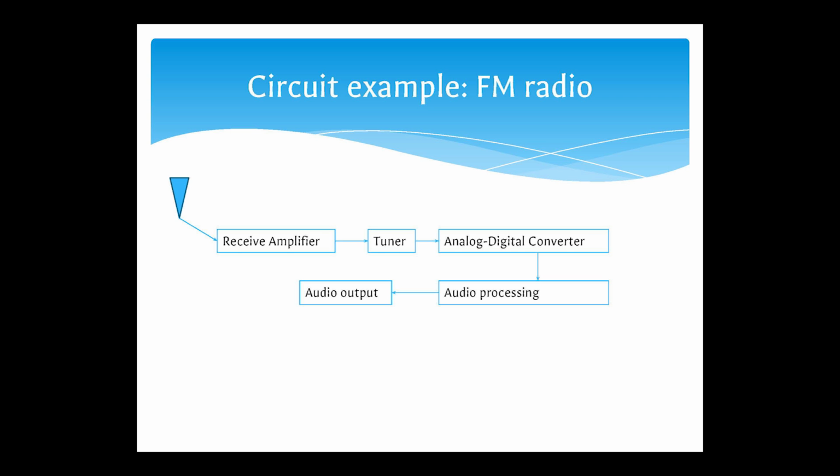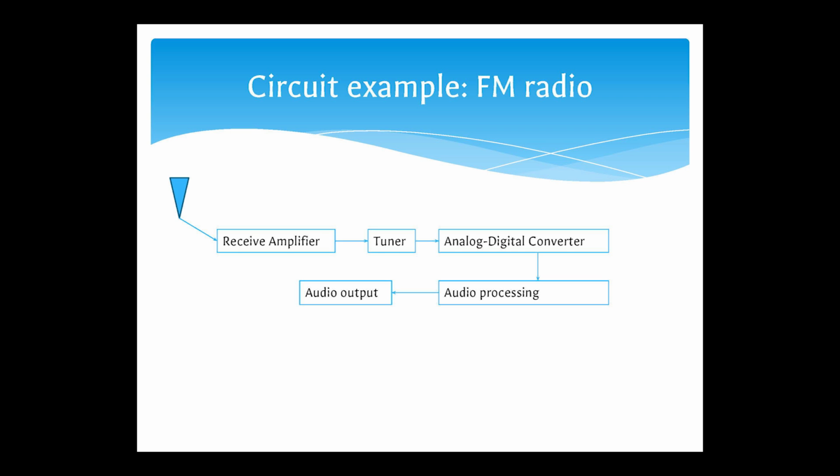It goes to an analog digital converter, which takes this analog signal and digitizes it so you can keep the best quality. It goes to an audio processor, which adds bass, treble, whatever effects you want. Some radios even have artist information encoded in like a sub-frequency of it. And then it goes to your audio output or your speakers.